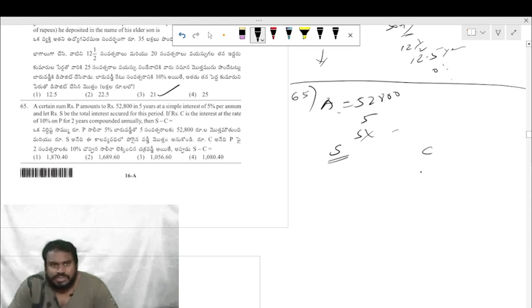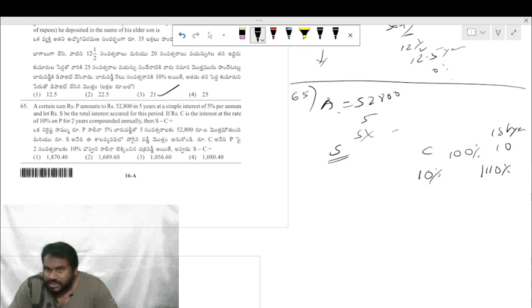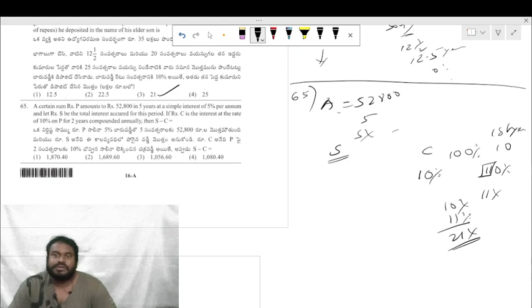So first year 10%, so 100% became 110%. For this 110% he will get 10%, that is 11%. Initially 10% plus next 11%, total 21% when compounded.